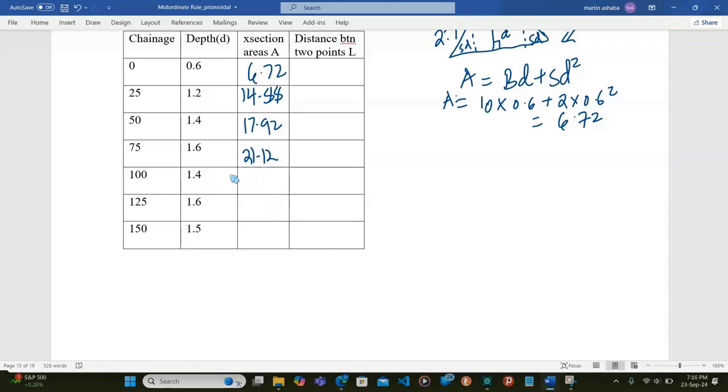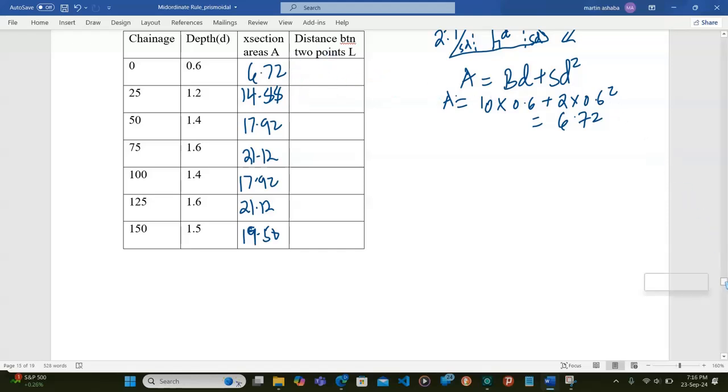Substitute in 1.4 again, I'll have 17.92. Put in 1.6, I'll have 21.12. Put in 1.5, when you substitute, you'll be having 19.50.